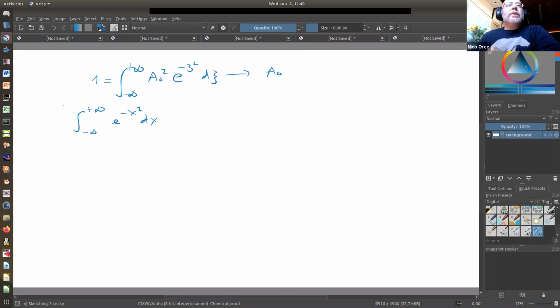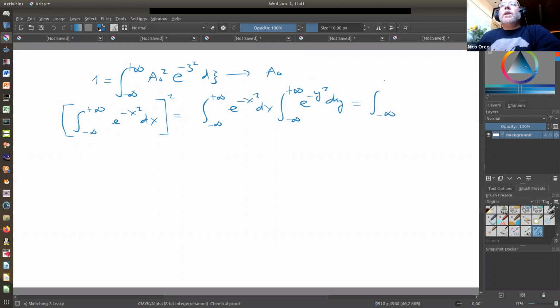Let's use a little trick. We are going to change this to polar coordinates. I will explain how to do this in a little bit; it's very easy and takes one minute. So the integral of e to the minus x squared dx times the integral from minus infinity to plus infinity of e to the minus y squared dy is equal to the double integral of e to the minus x squared plus y squared dx dy.